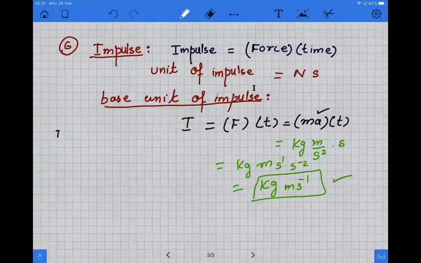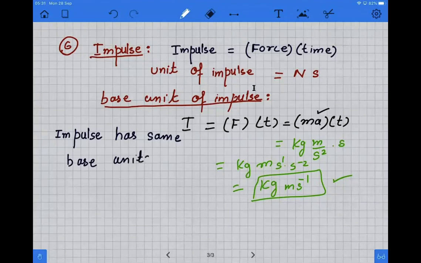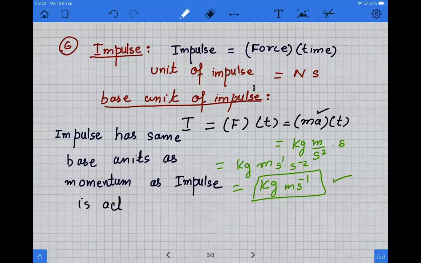So you can say that impulse has the same base units as momentum, as impulse is actually the change of momentum.